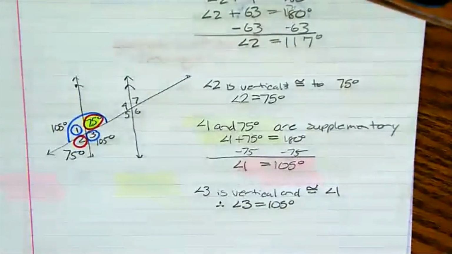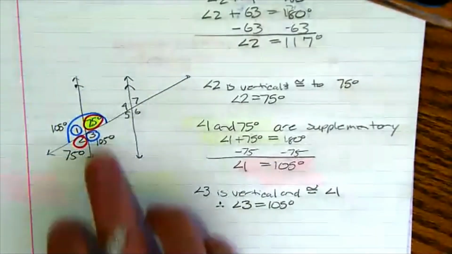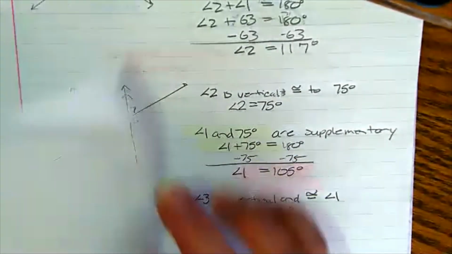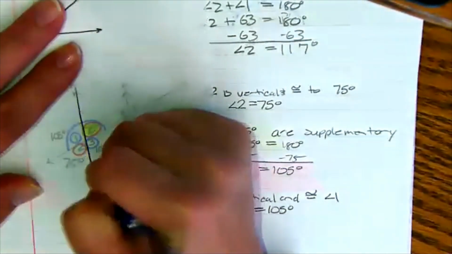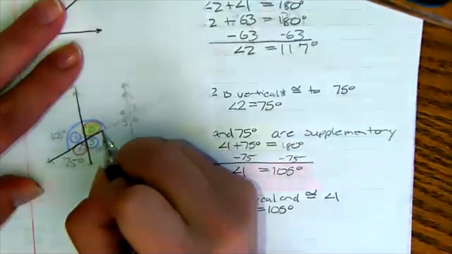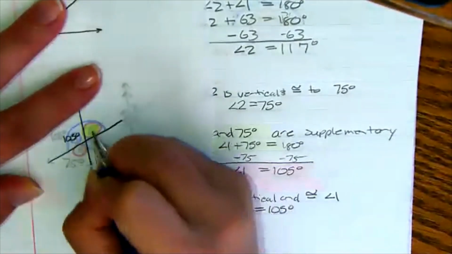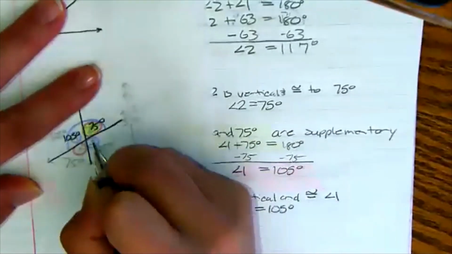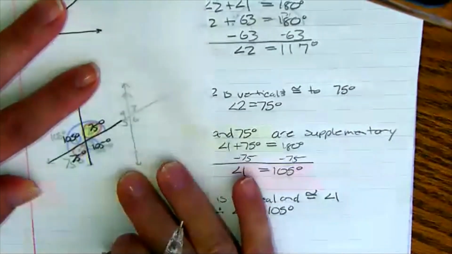Now, using that whole idea of corresponding angles, this whole thing is pink. So I have my line here. There's my transversal. This is 105 degrees, 75 degrees, 105 degrees, 75 degrees.